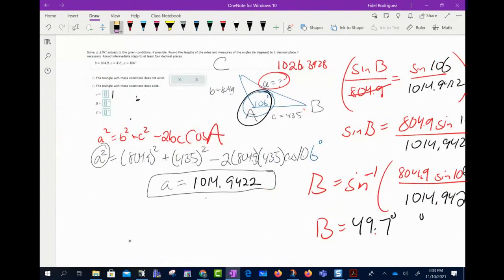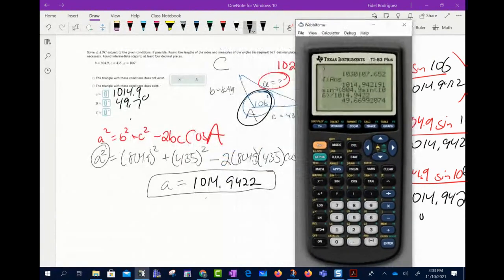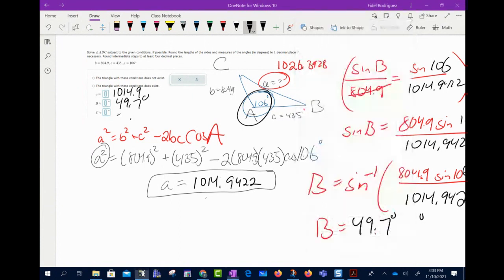I'm going to come back over here, y'all, and fix a couple of things. A is 1014.9, B is 49.7 degrees. Let's figure out what angle C is. 49.7 plus 106 is that number, and 180 minus my answer is 24.3.